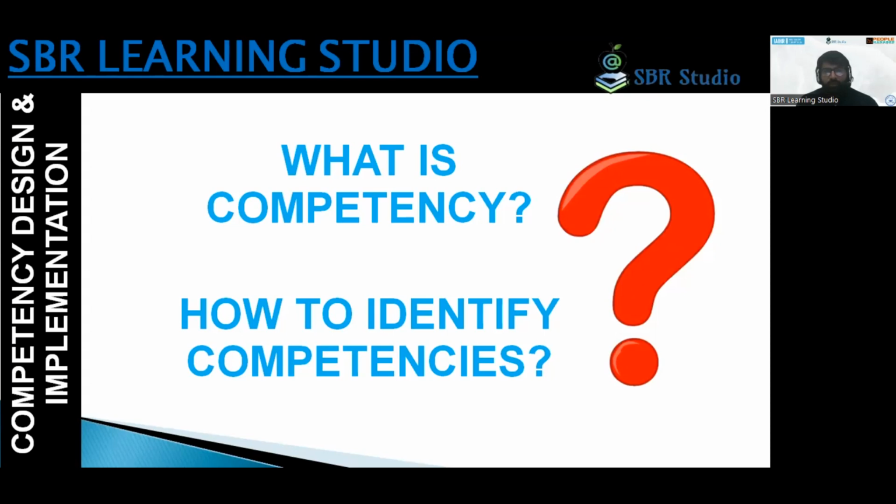There are many types of tools and models available, but still those models are not effectively implemented. So that's why it does not give the required result when the organization puts itself into designing the competencies. But how can you effectively design the competencies for your organization?